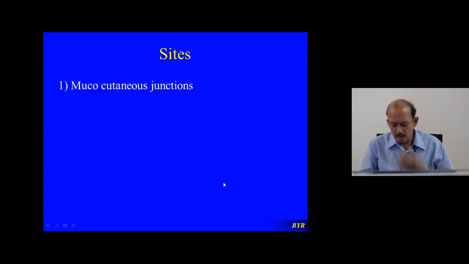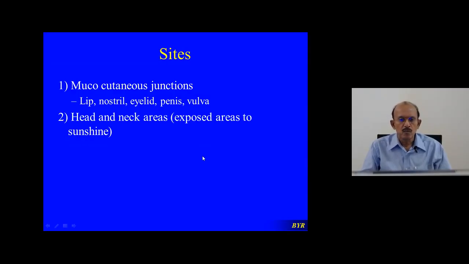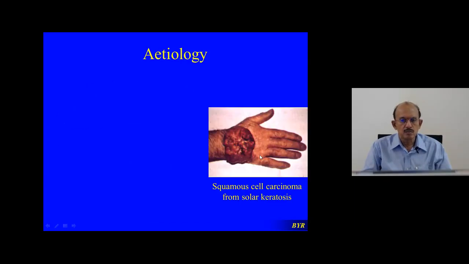Sites of occurrence: mucocutaneous junctions, that is the lip, nostril, eyelids, penis, and vulva. Then head and neck areas, areas exposed to sunshine. Back of the hand and forearm.